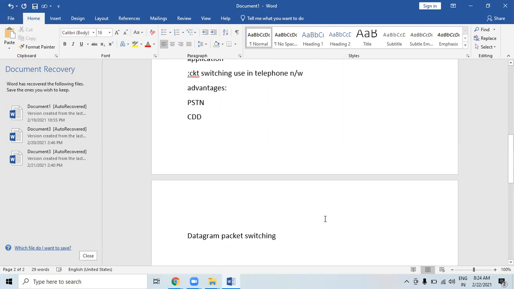In datagram packet switching, the message is divided into a stream of packets. Each packet has its own individually included address and is treated as an independent unit with its own control instructions. The switching device will route each packet independently through the network.